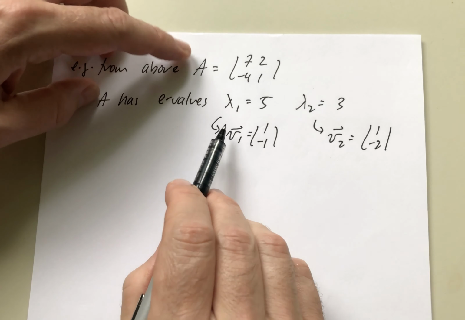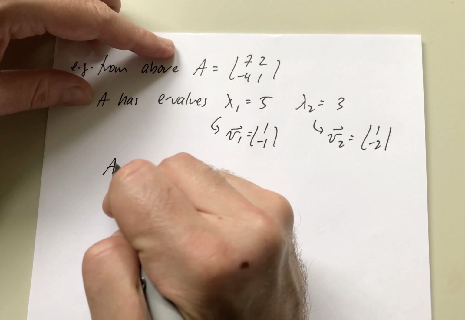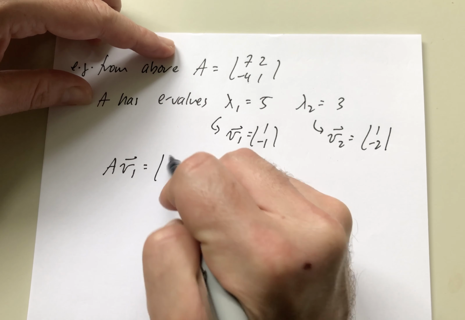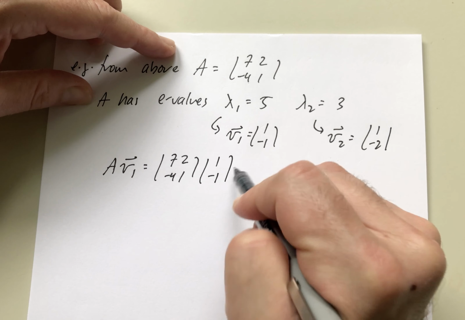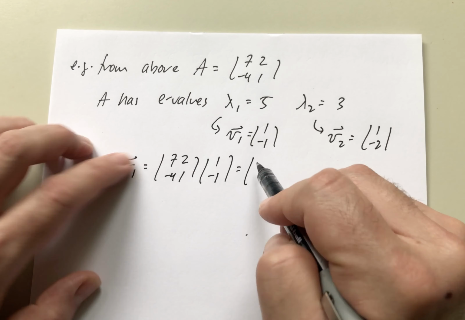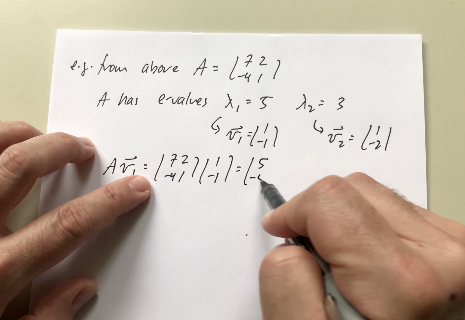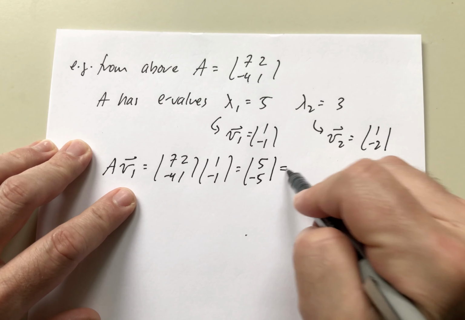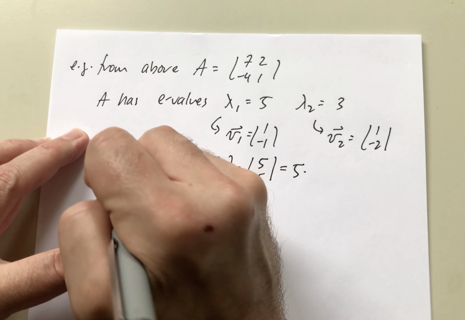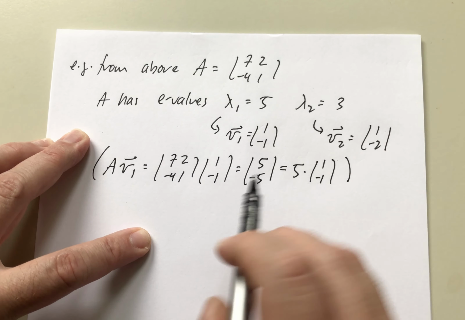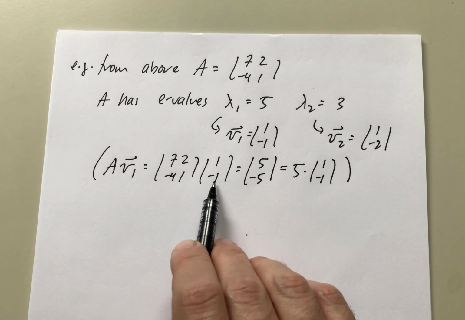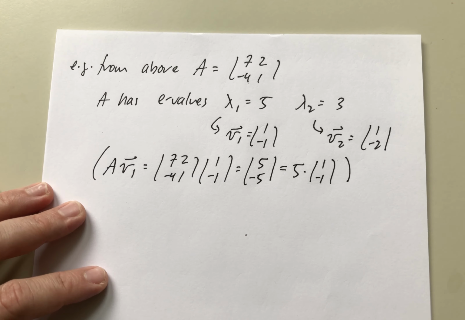You can check this. For instance, A times v1 is 7, 2, minus 4, 1 times 1, minus 1, which equals 5, minus 5. So this is 5 times the vector you gave me. Indeed, 1, minus 1 is an eigenvector with eigenvalue 5.